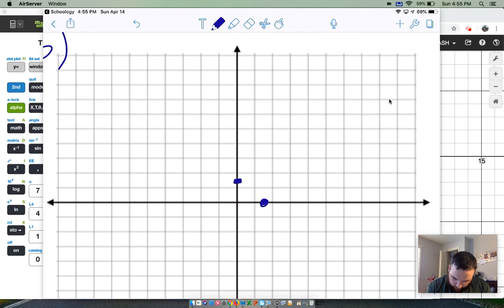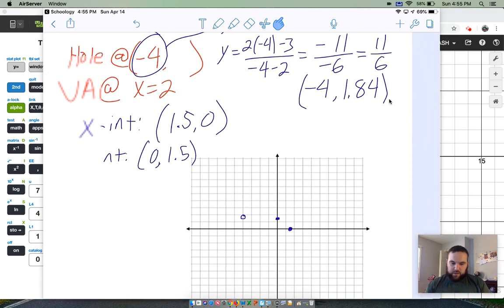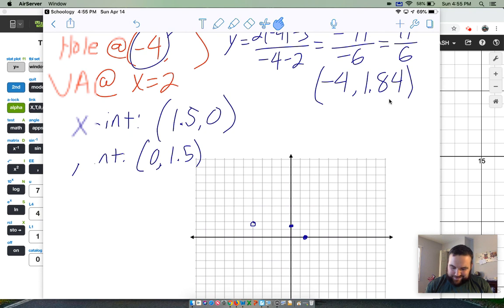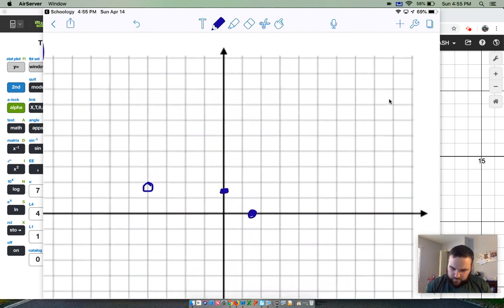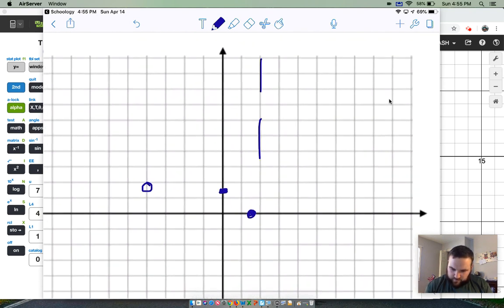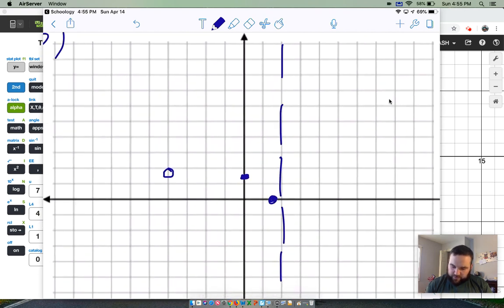I'm going to make a pretty obnoxious open circle right there, just to know that the graph's going to go through. Then I have a vertical asymptote at x equals 2, and a horizontal asymptote also at 2.